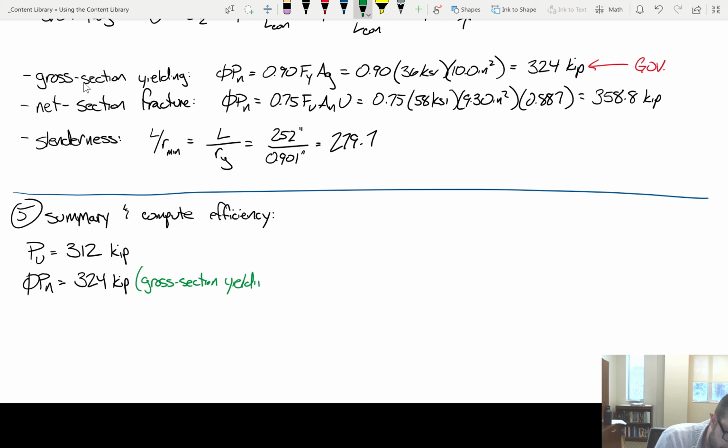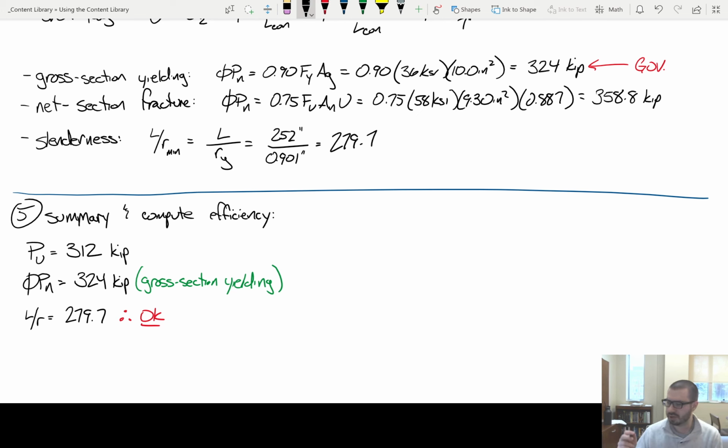And I'll go ahead and put the controlling limit state was gross section yielding. Now, I also think it's a good idea to put the L over r just to make sure that it is clear. That's okay, because it's less than 300.